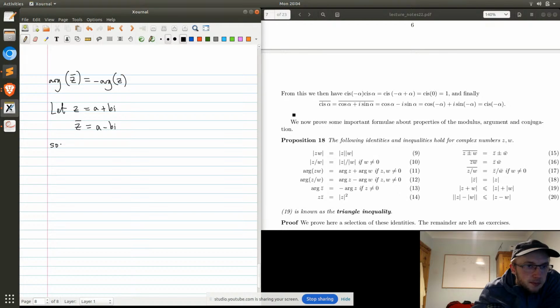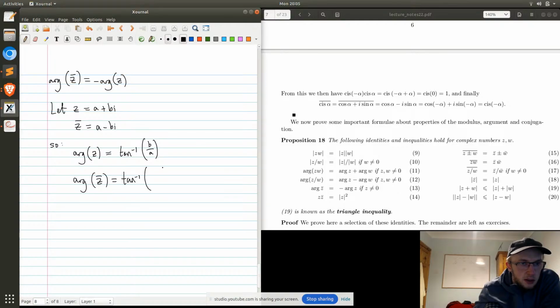So the argument of z would be arctangent of b over a. And the argument of z bar would be the arctangent of minus b over a.